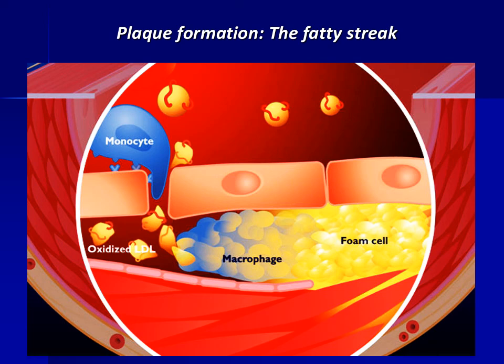Plaque formation, the fatty streak. Monocytes penetrate the intima and transform into macrophages and eventually cholesterol-rich foam cells. These activated macrophages scavenge and ingest oxidized low-density lipoproteins in the subendothelial space. The progressive accumulation of lipids forms the fatty streak.